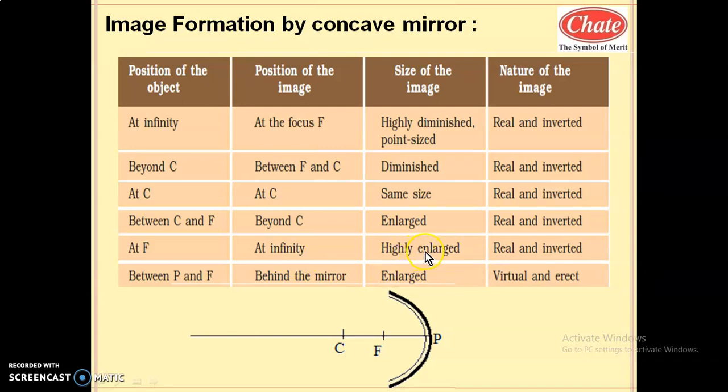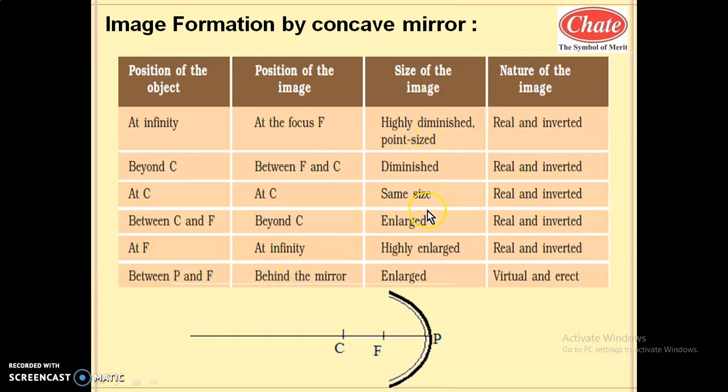Remember this. For the first five cases of the concave mirror, which you have now understood very well, the image nature is real and inverted. Only for the last case, between focus and pole, the image will be virtual and erect. So remember all these things: the object positions and the image positions.